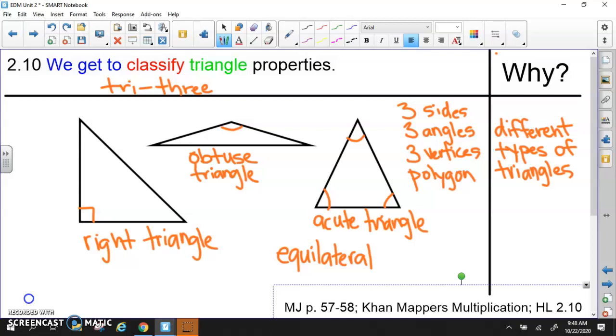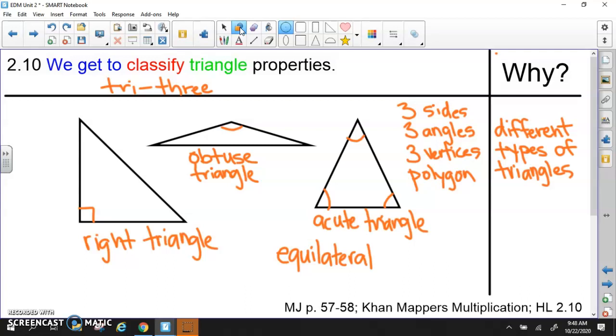Which one of these looks like an equal sides triangle to you? Which one of these looks like it has all equal sides to it? It kind of looks that way, right? Maybe I should draw a better triangle for an equal-sided triangle. In fact, none of them really look equilateral to me.